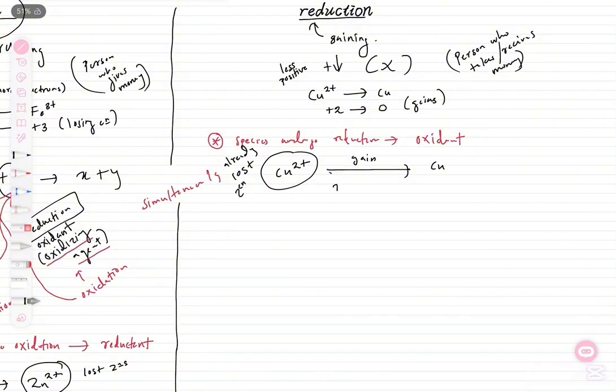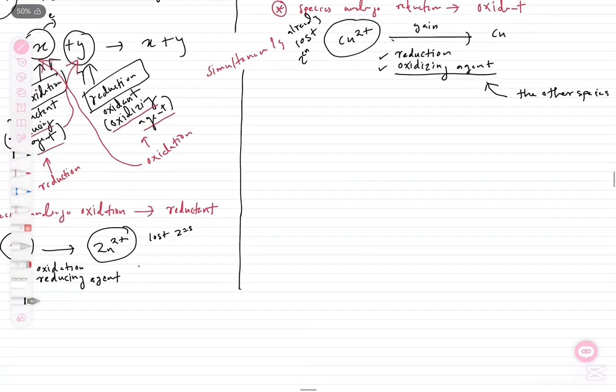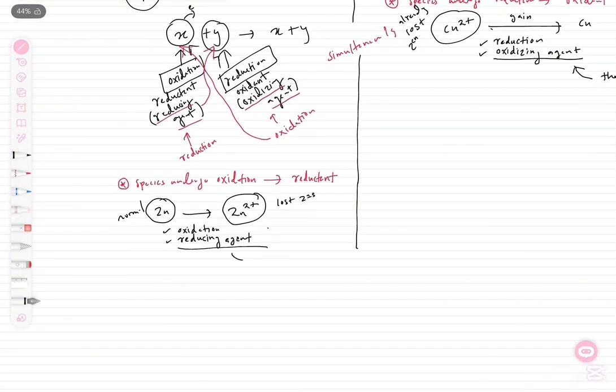Therefore, the reaction occurring is called reduction, which means it acts as an oxidizing agent. Simply to understand this easily, the oxidizing agent will make the other species undergo oxidation. Likewise, the reducing agent will make the other species undergo reduction.